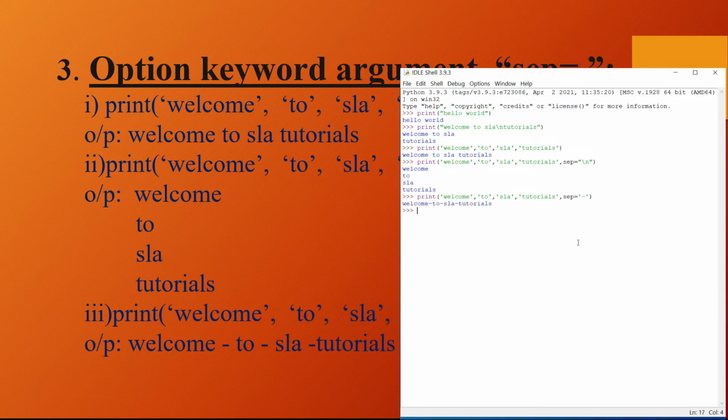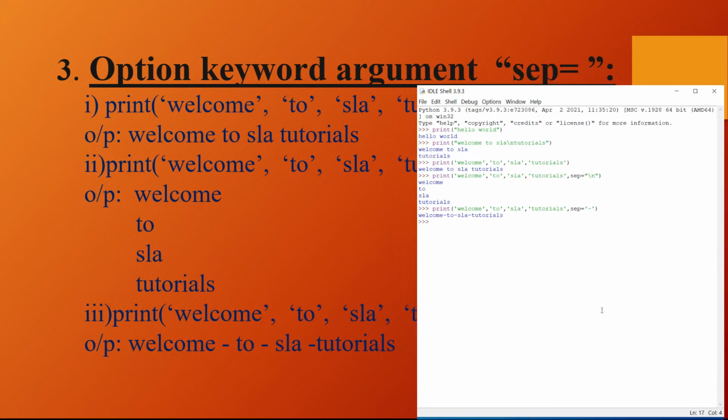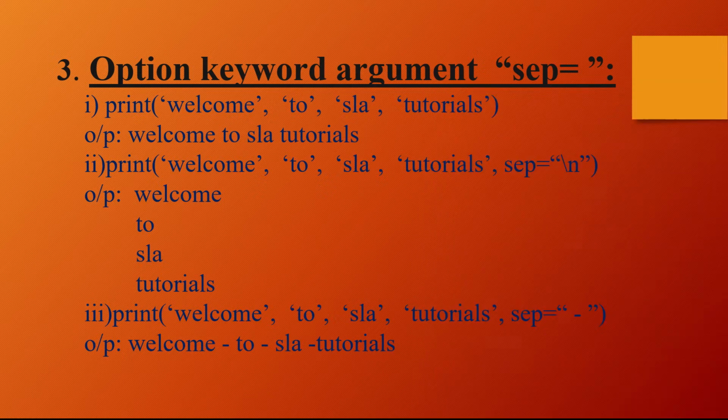Here I am using dash to separate the text at commas. Press enter. We'll get the output as welcome dash to dash SLA dash tutorials. Whatever the symbol we use in separate keyword, it will divide the output at commas.